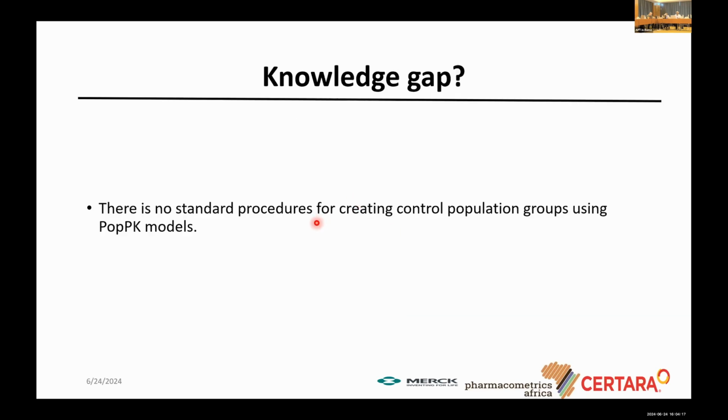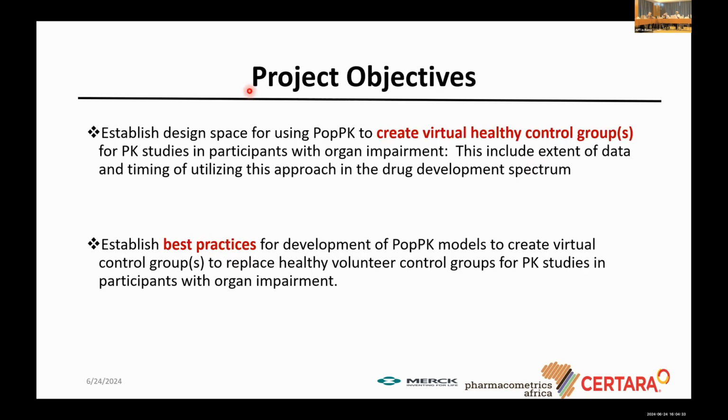However, knowledge gaps still exist in that there is no standard procedure for creating control population groups using PK models and the application of this virtual control group in the spectrum of drug development process. With that, our objectives are to establish a design space for using PK models to create virtual healthy control groups for PK studies in participants with organ impairment.